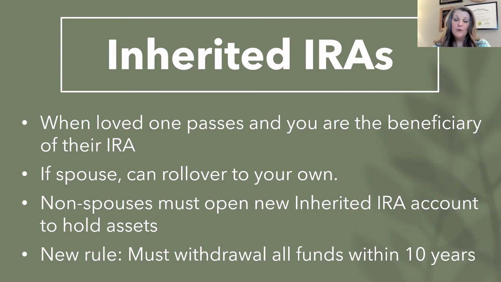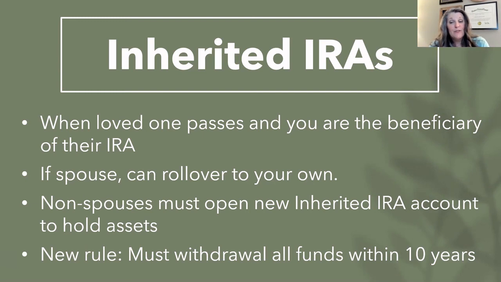It used to be that you could stretch it out over your entire lifetime. When you had this inherited IRA, they used the life expectancy table on you. And so as a 51-year-old, my life expectancy would be 80 something, and I could stretch it out over 30 years. Well, they decided Uncle Sam wanted their cut. So now you have to withdraw all the money within 10 years.